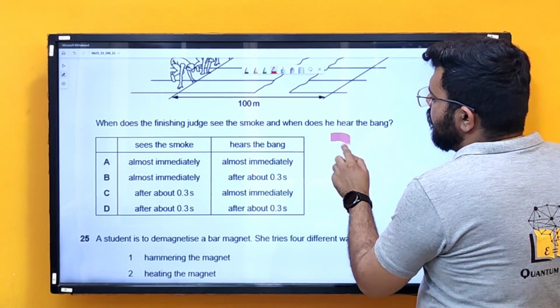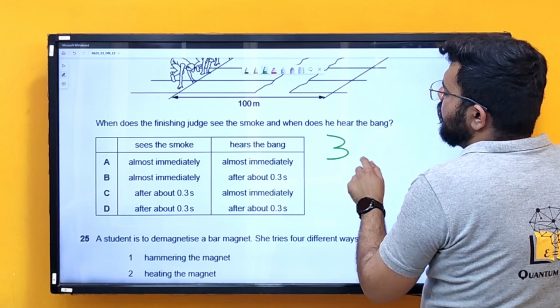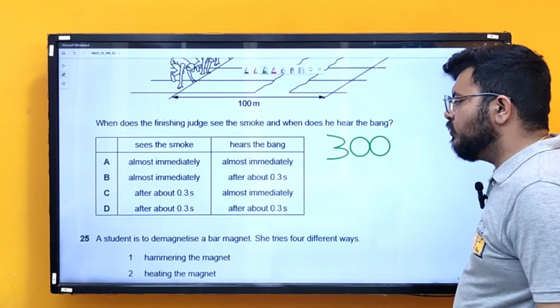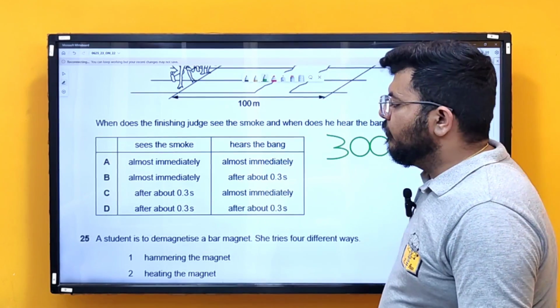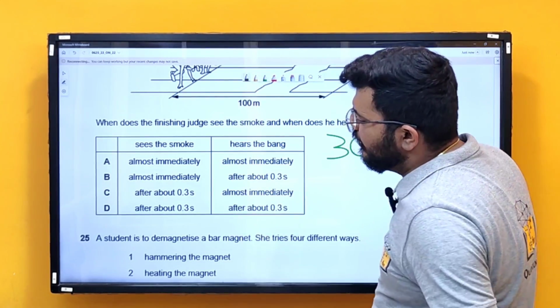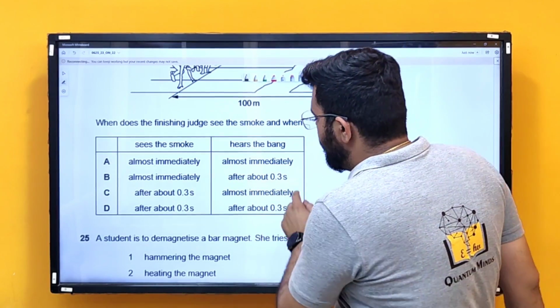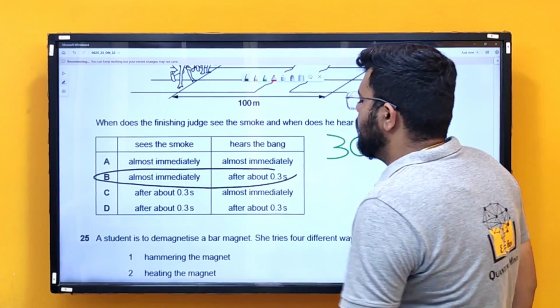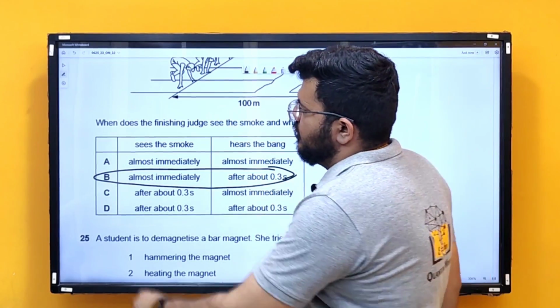You may take the speed of sound as 300, and you can measure after how much time he hears the bang. But since there is only one set of time given, I can say he sees the smoke immediately, hears the bang after some time, which is after about 3 seconds. So option B becomes my answer.